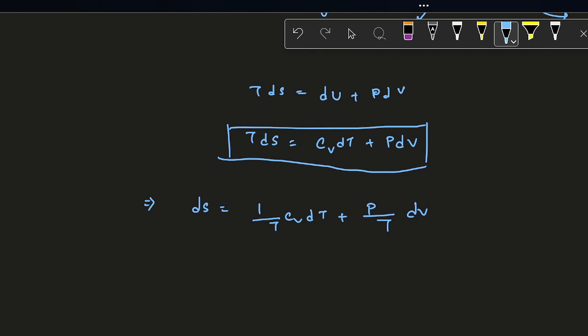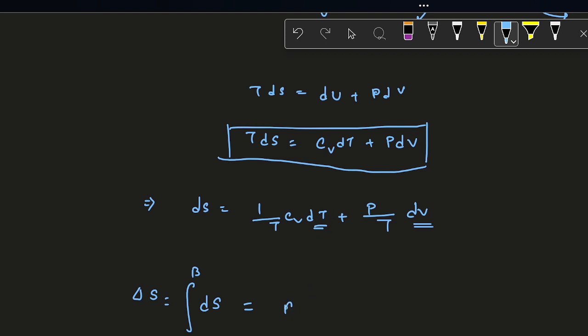Now look very carefully: in the first term you have everything in terms of the differential of temperature, and in the second term you have the integrand in terms of the volume. To know the total change in entropy, delta S, in going from state A to state B, you have to take an integral of dS from A to B. In the first term you have temperature in the integrand, so that is easy.